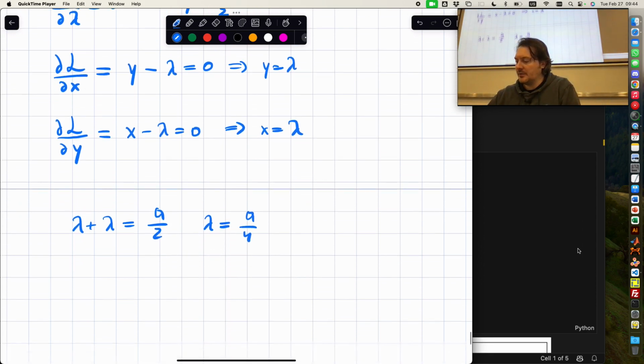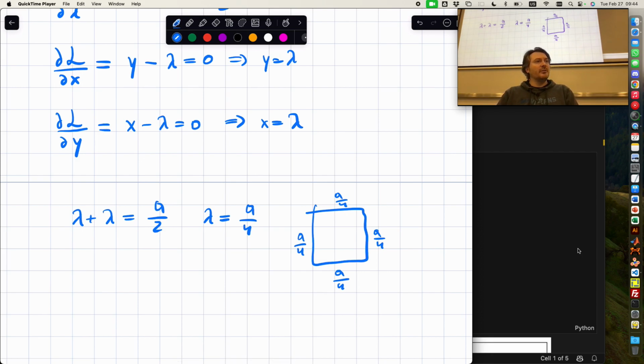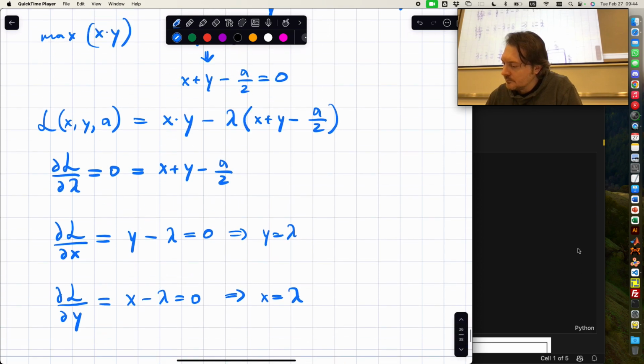And this simply tells you that the way that you can maximize the area is to basically build a square. Are you happy? Any questions? Comments? No? Okay.